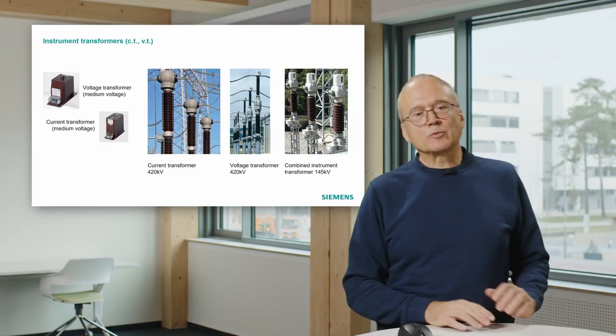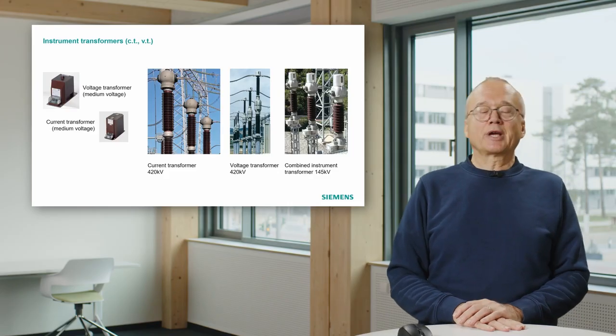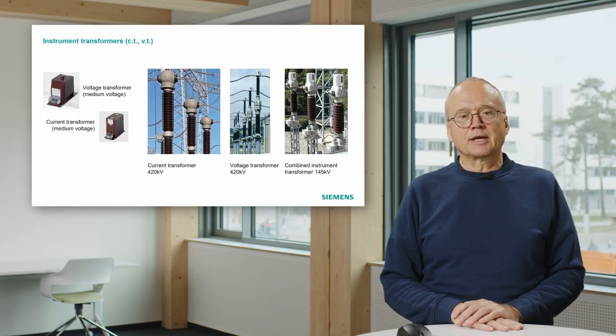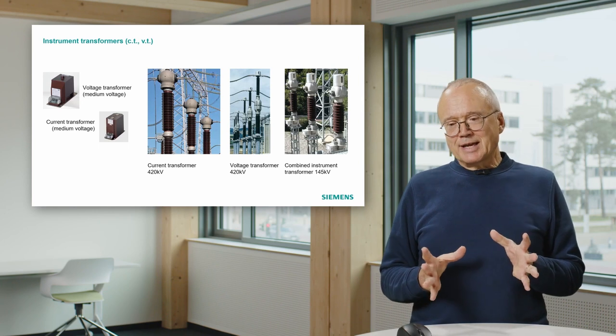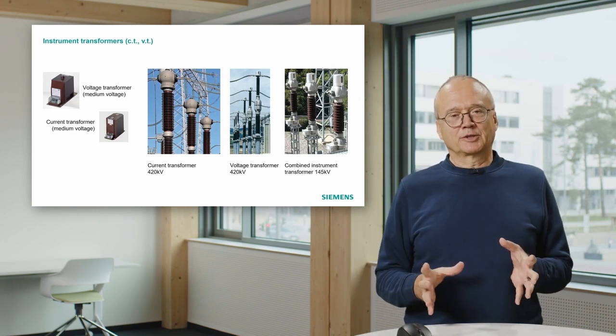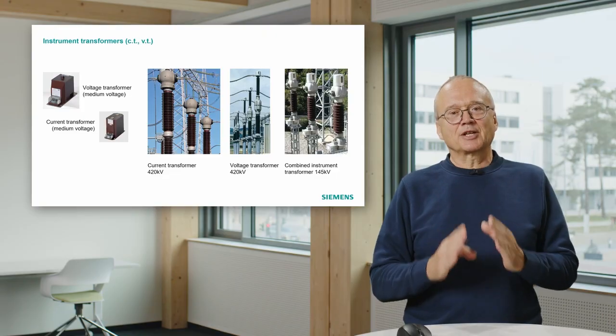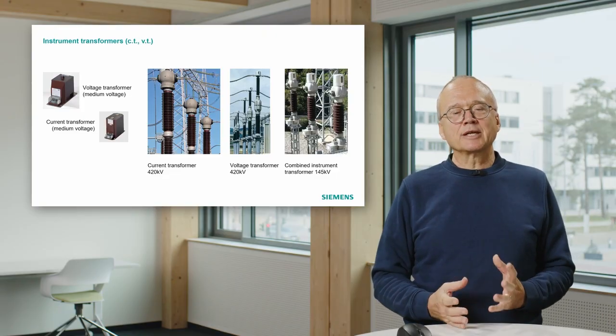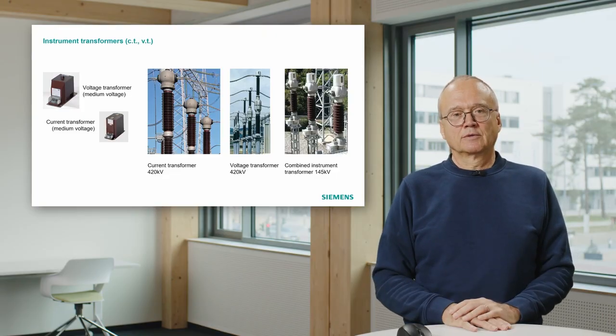On the right-hand side, we see the same story for the higher voltage levels, in this case 400 kilovolt. In this case, you don't need more power in the current transformer and the voltage transformer. These things are just bigger because we need more insulation.